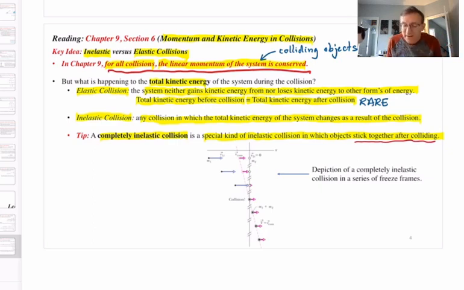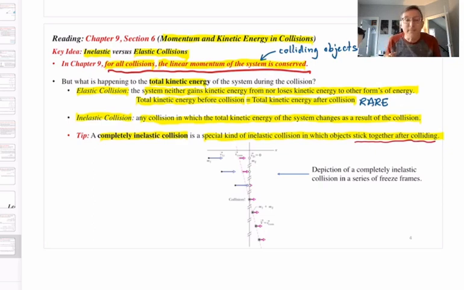And so what I have here is a depiction of a completely inelastic collision in a series of snapshots. We're looking down from above on an XY coordinate system. This is some kind of horizontal frictionless surface, maybe an air table or an ice rink.